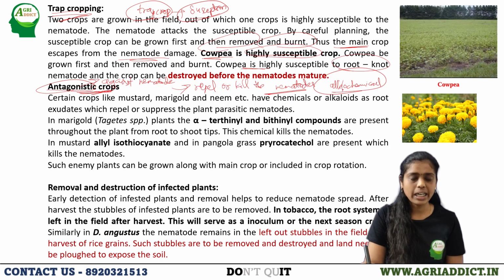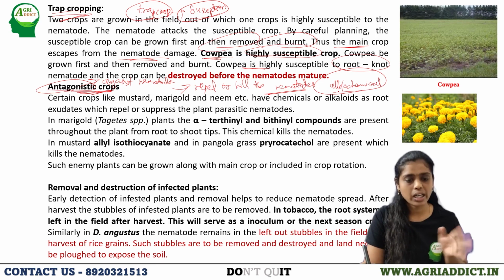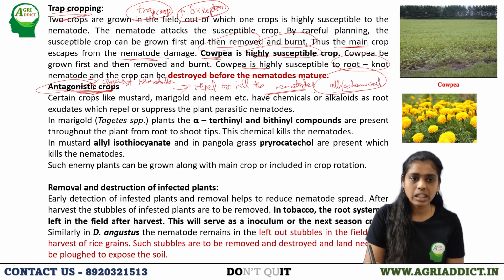We can grow certain types of these plants in the field or in borders, which may attract the nematode, and also repel the nematode and thus kill the nematode by secreting some chemicals.